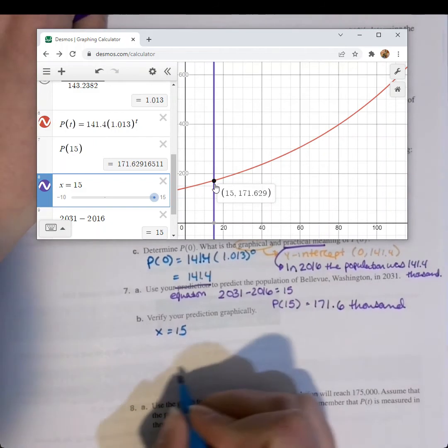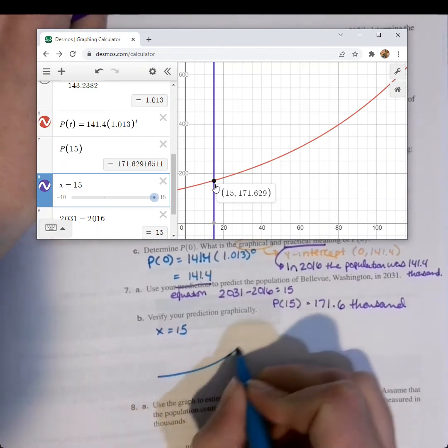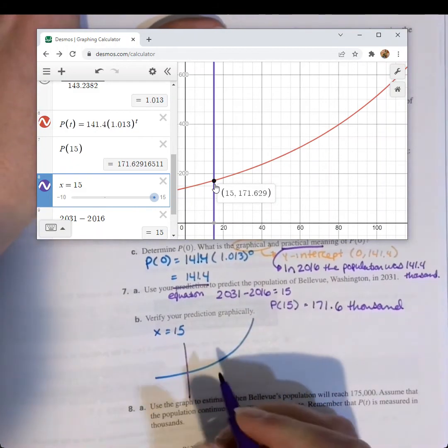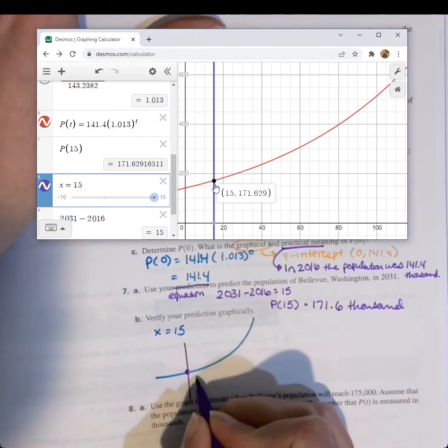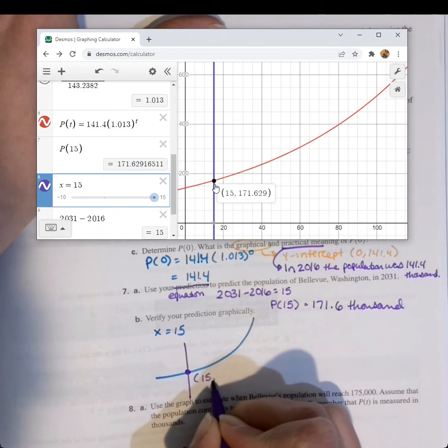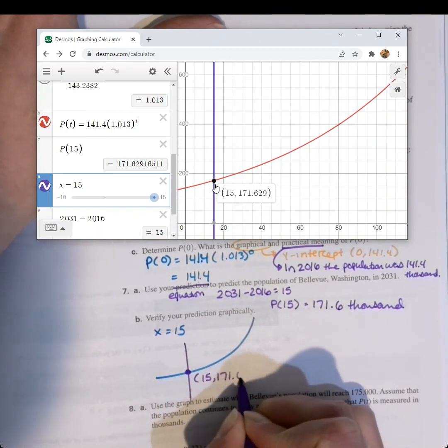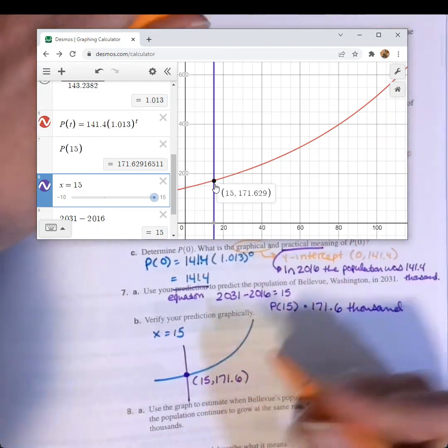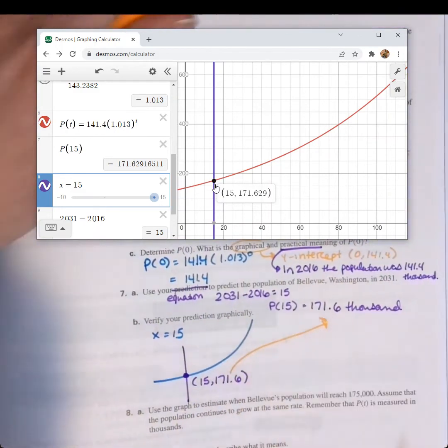So graphically, like we said, we have our function, we have our x equals 15, and we have our ordered pair right here at 15, 171.6. And that helps us verify the prediction of 171.6 thousand.